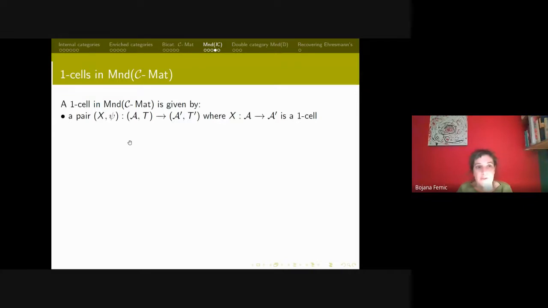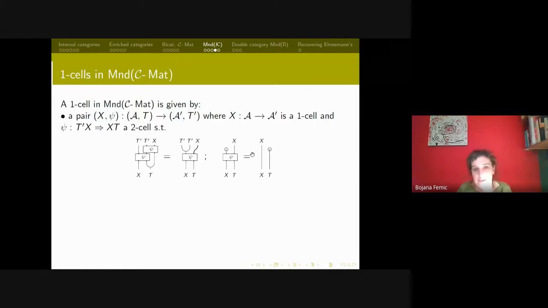Here I first recall what a general 1-cell in monads should be. It is given by a pair X and psi, where X is a 1-cell and psi is a 2-cell, and these two axioms should hold. Now applied to the 2-category C-Mat, for T and T prime, remember that T are 1-cells, and 1-cells in C-Mat were matrices.